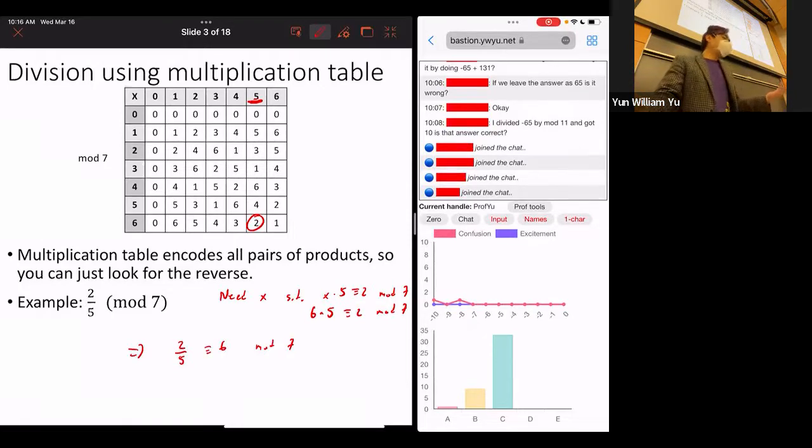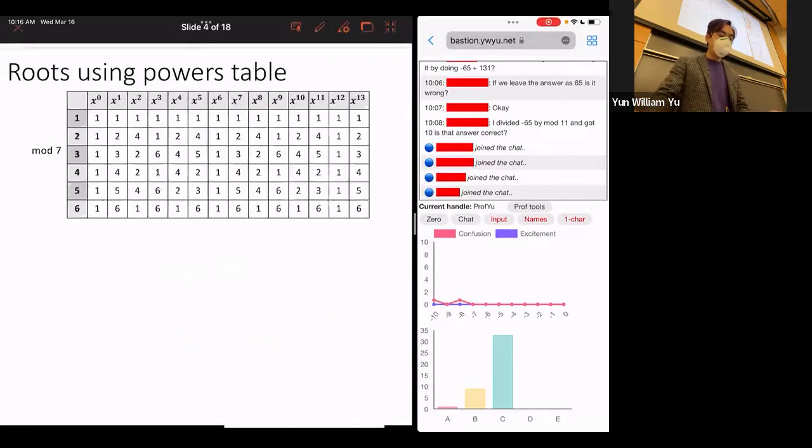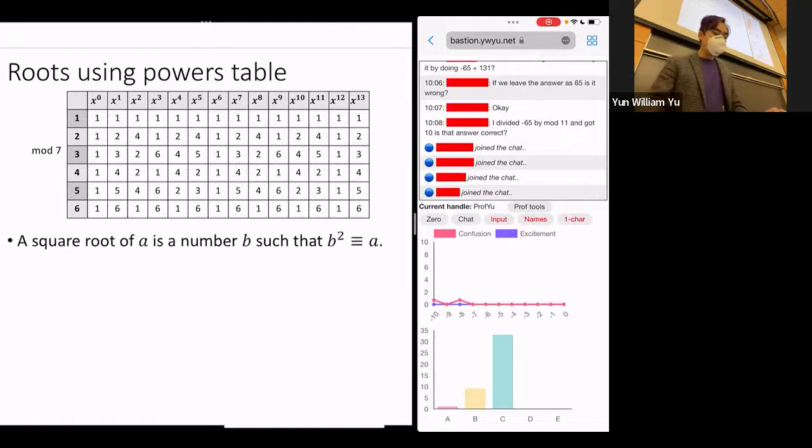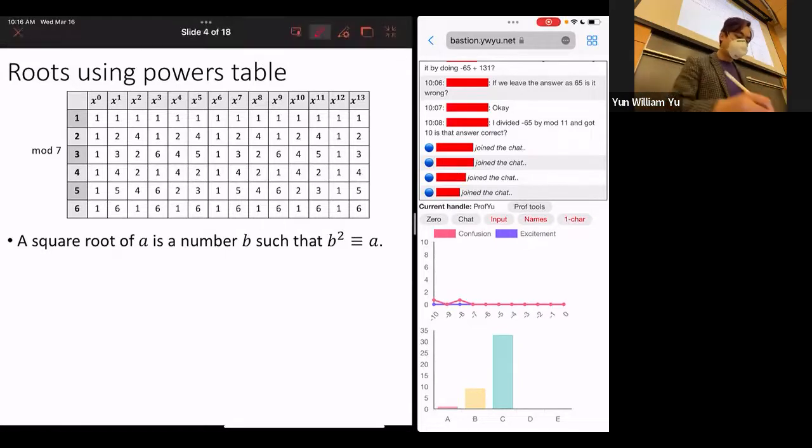One way of looking up roots is also to do that. If you have a powers table, here's the powers table for mod 7 up to x to the 13. A square root of a number a is a number b such that b squared is congruent to a, and there might be multiple numbers. For example, to find the square root of 2, you need to find a number b such that when you square it, you get 2.